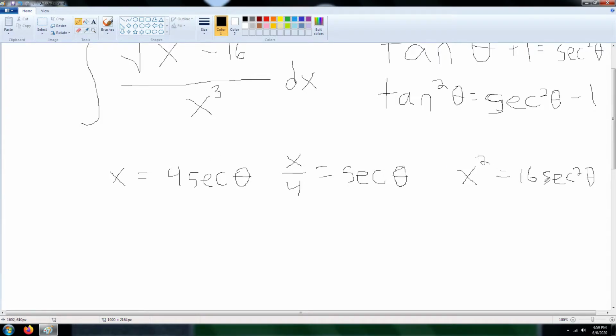So if you multiply 16 by 4, you get 64 secant cubed theta. So that's x cubed, 64 secant cubed theta.